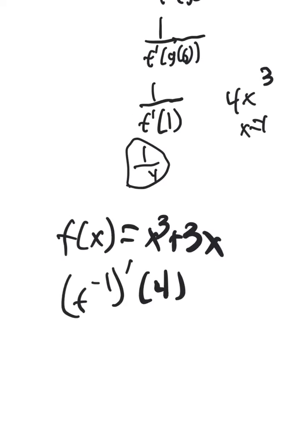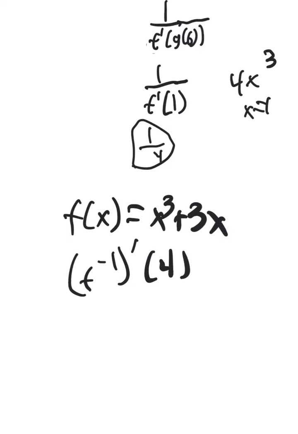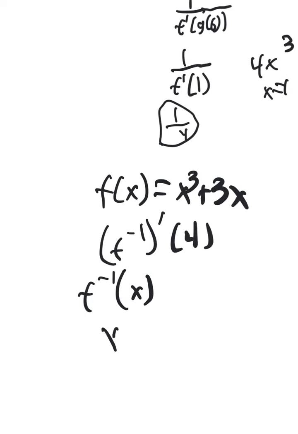Now we're not given any initial point or anything. We just have to work with this. So the first thing we want to do is find f negative 1 of x, right? If we remember from our other classes, we have to switch x and y for each other. So then we have x equals y cubed plus 3y.